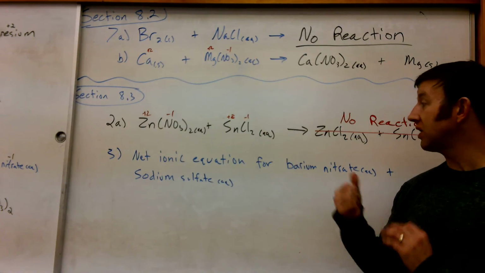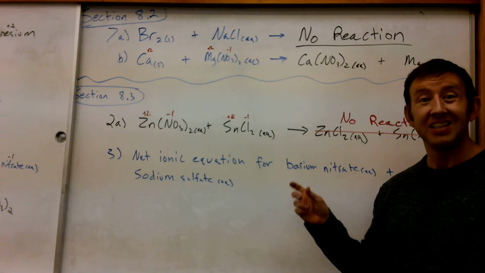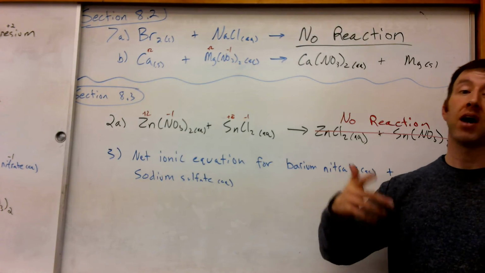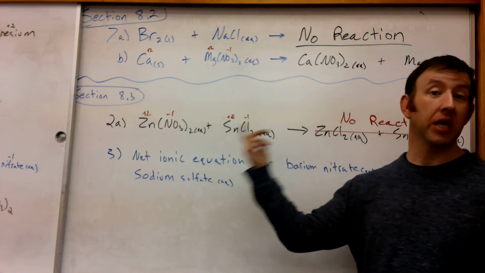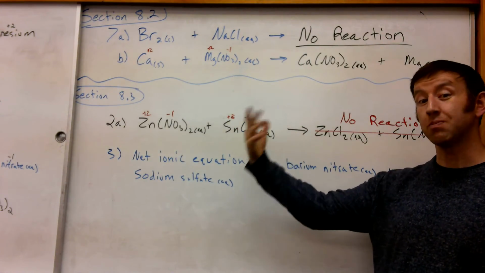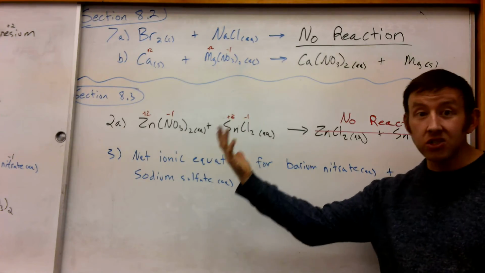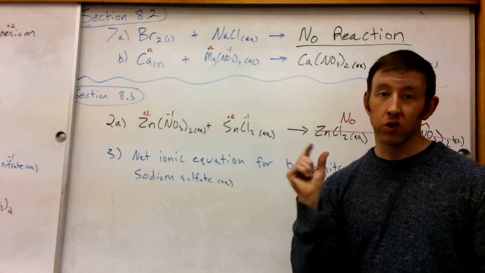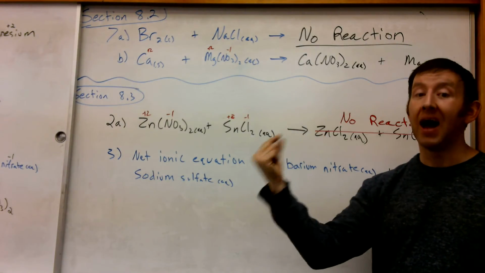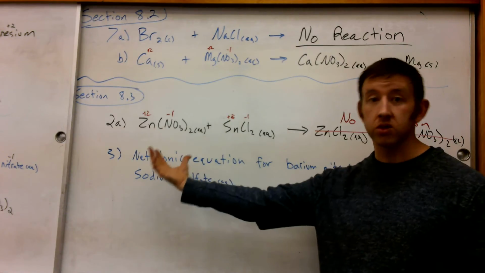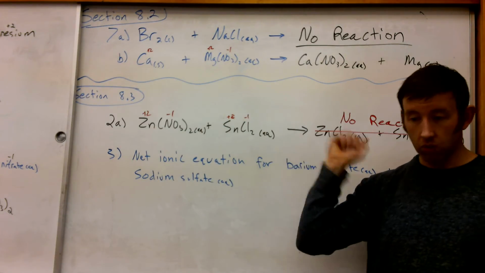Then we need to go and separate the aqueous solutions into ions, right? Cross out the ions that don't change from side to side. So in some of these double replacement reactions, we have what are called spectator ions that don't actually do anything. They just kind of hang out there in solution, all right? So we're identifying which ions actually are involved in the reaction. And they're the ones that go from aqueous to solid or something like that, okay?